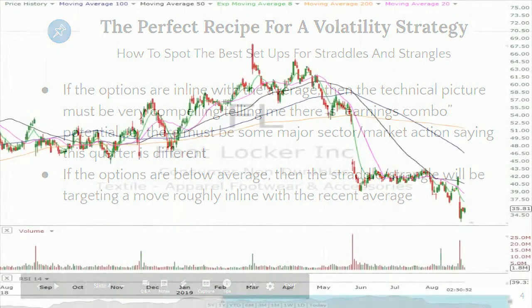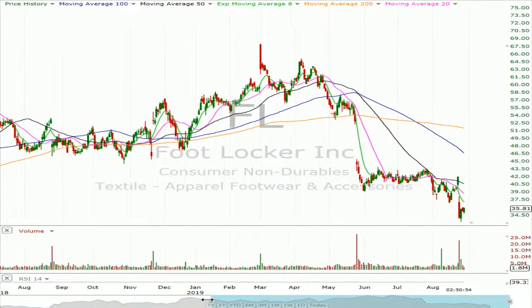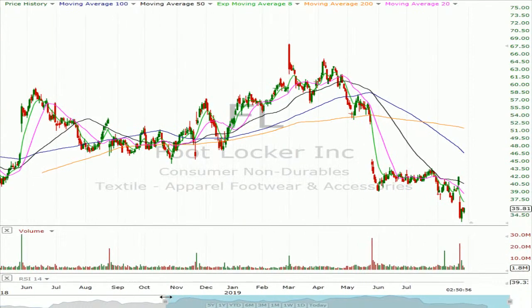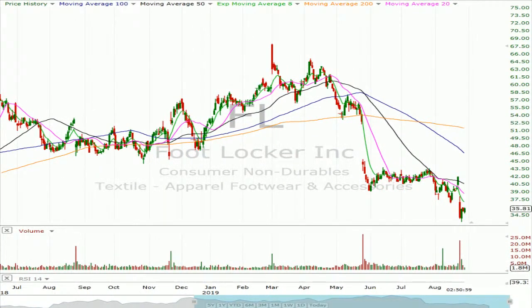So let's jump to a chart and I can walk you through this. Here's a good example of what I mean: Foot Locker. Let me highlight this for you. Earnings here, here, here and here. My circles are not going to be perfect.